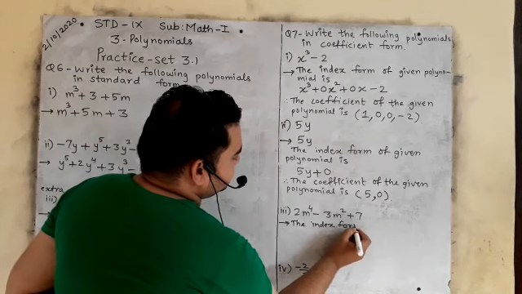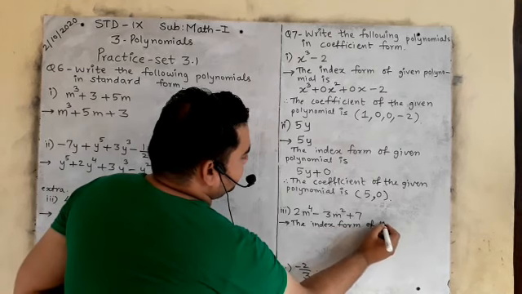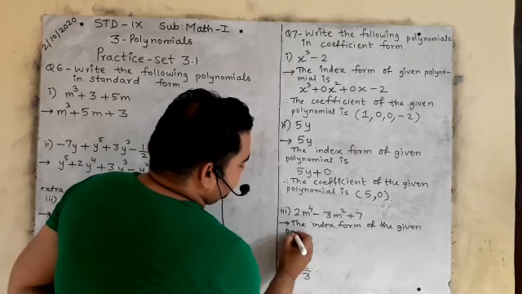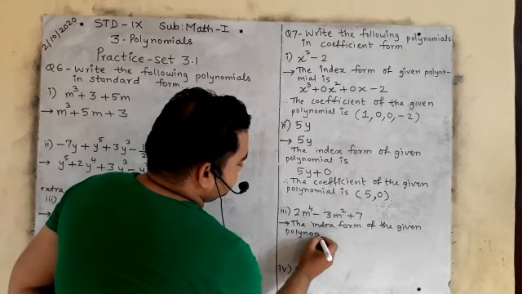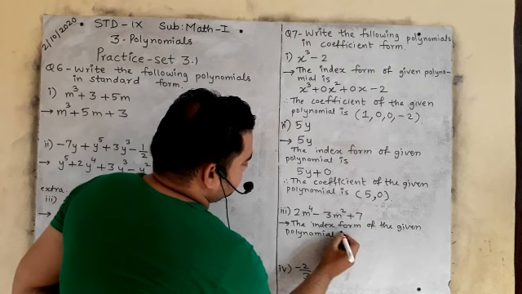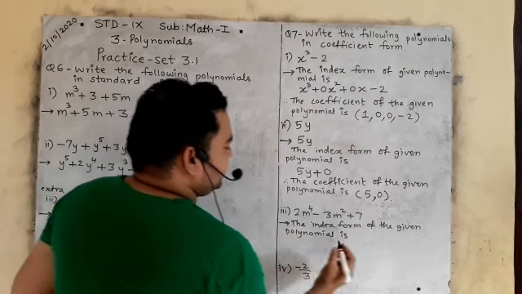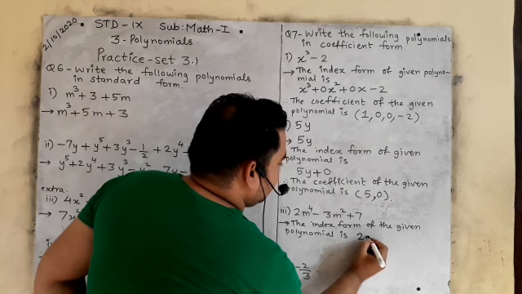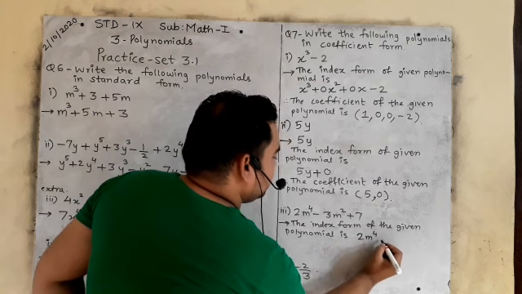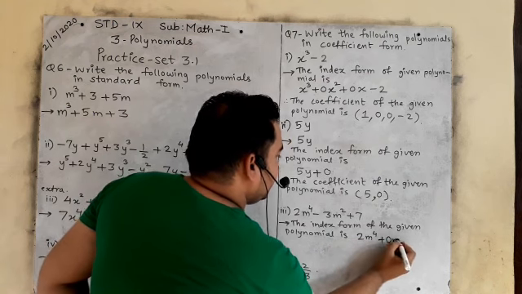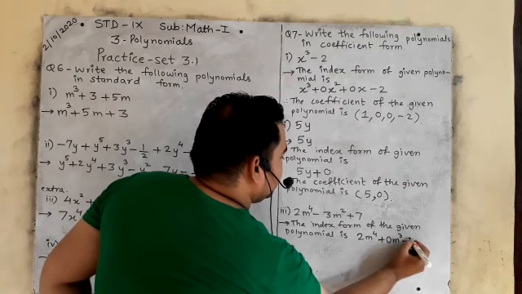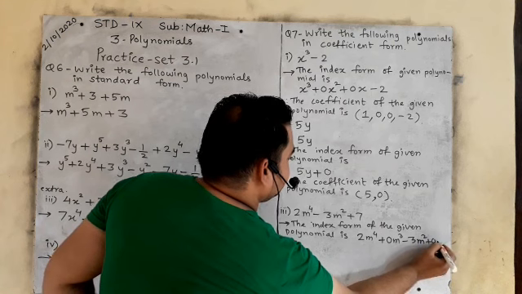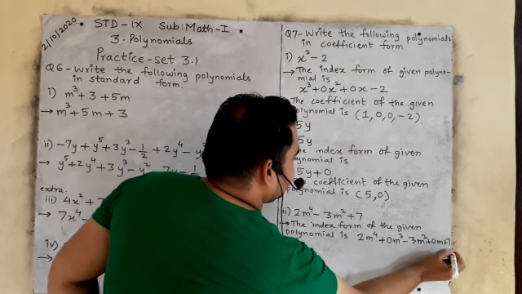The index form of the given polynomial is 2m raised to 4 plus 0 m raised to cube minus 3m raised to square plus 0 m plus 7.